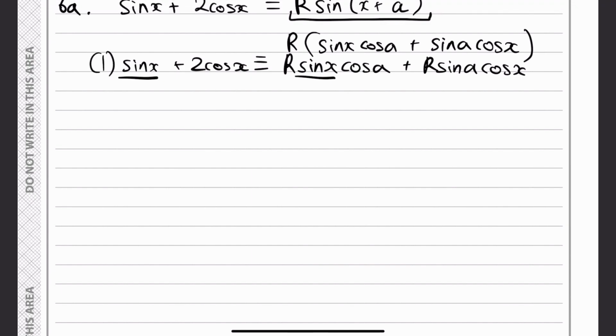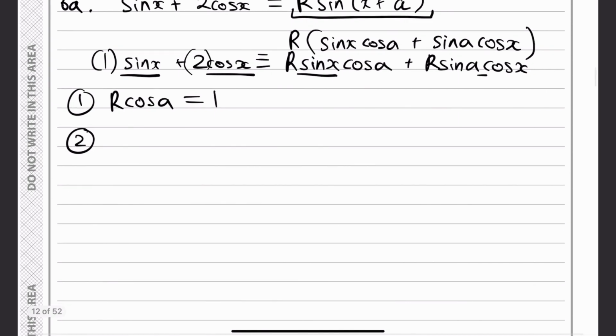So we can make two equations. We've got r cos of alpha is equal to 1, and the coefficient of the cos of x is 2, so we've got r sine of alpha is equal to 2. Now we've got two equations and we've got to solve for r and alpha.